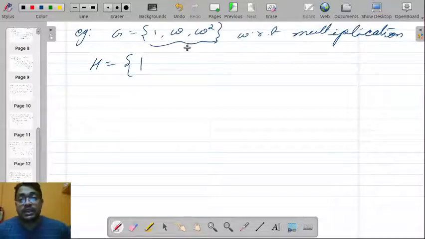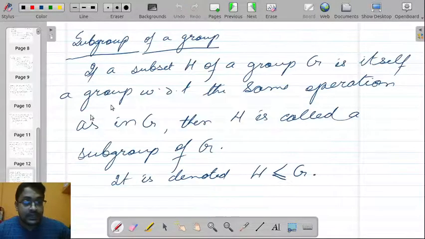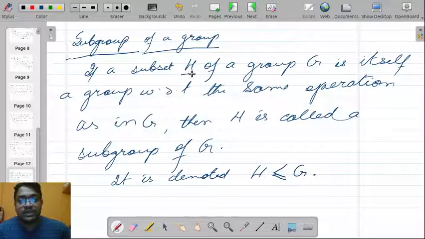This is a 3 element set, so the subsets that we take will be either 2 element or 1 element. If we take the empty set, it's not going to be a subgroup. Why? From the definition itself, is it clear that H is non-empty?